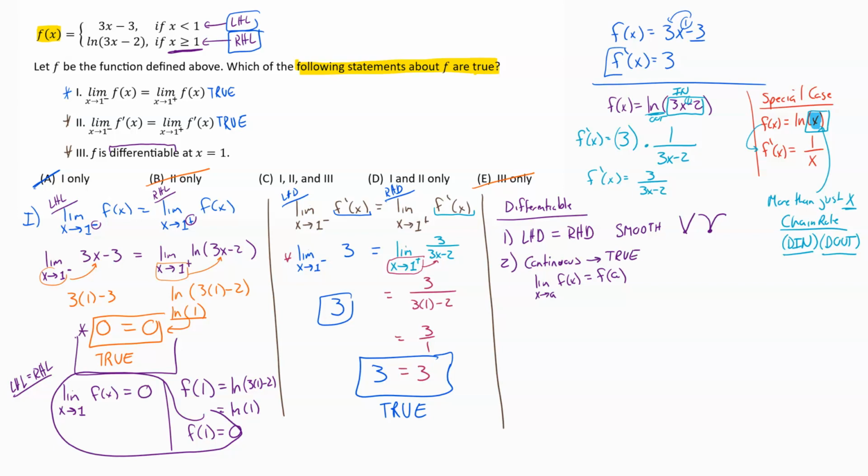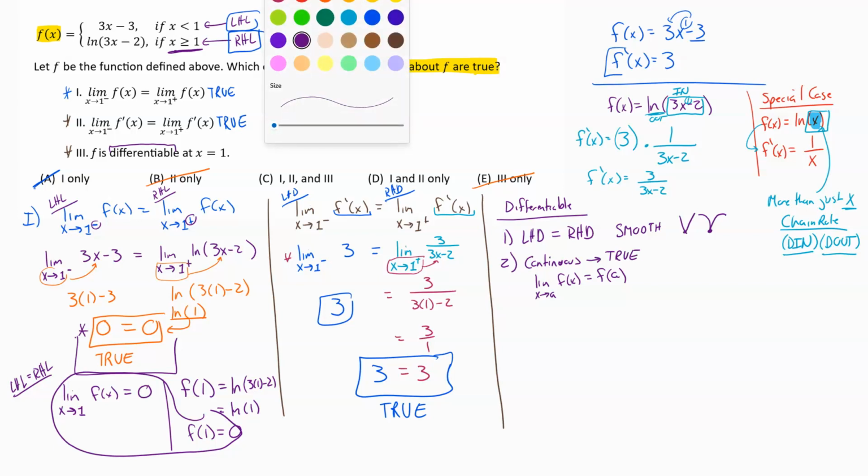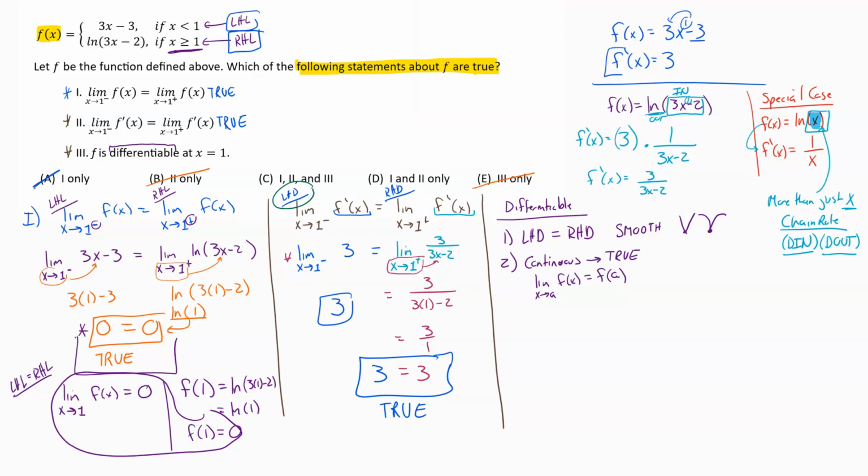And then to do number 1, does the left-hand derivative equal the right-hand derivative? Well, we did that really on part 2 right here. We found that our left-hand derivative was going to equal 3 once we plugged it in. We also found that our right-hand derivative was going to end up equaling 3. And so those two things are equal.